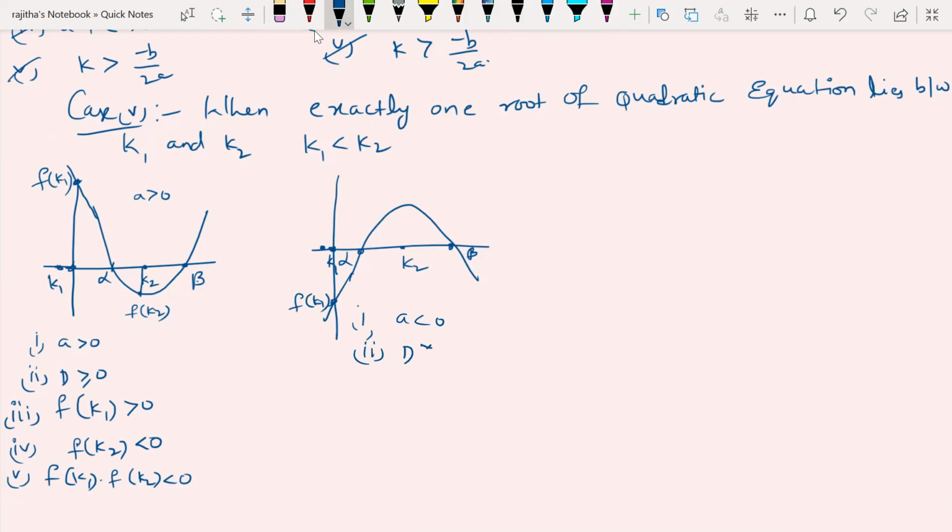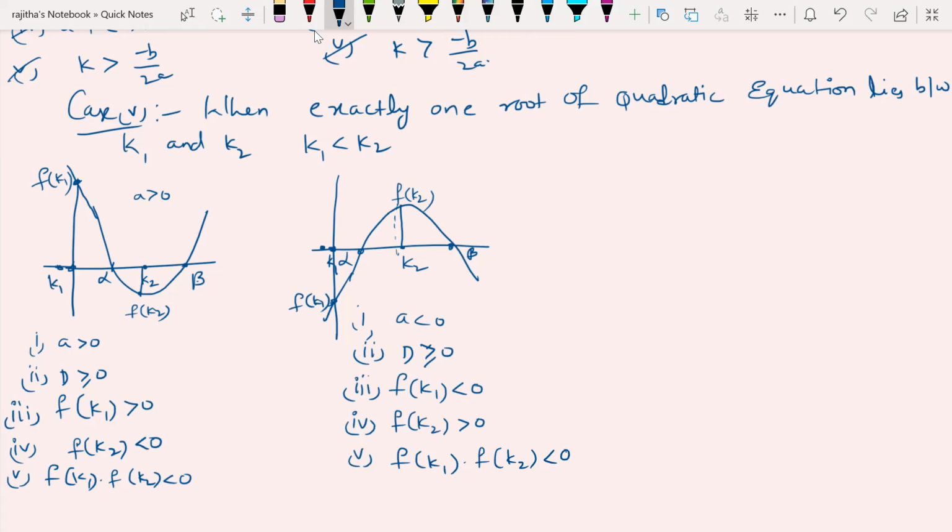The discriminant is also greater than or equal to 0. The third point is f of k2. F of k1 is less than 0, and f of k2 is greater than 0. Next, f of k1 into f of k2 is less than 0. In this part, the common points are: the discriminant is greater than 0, and f of k1 into f of k2 is less than 0.